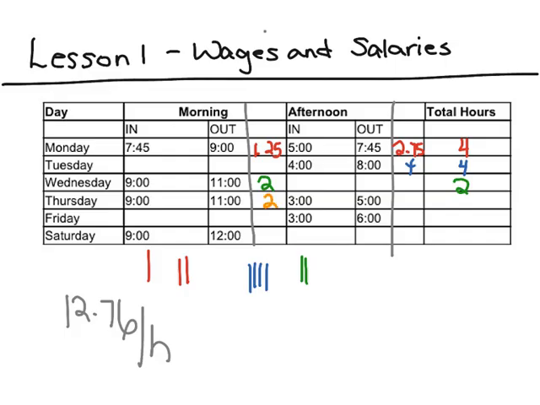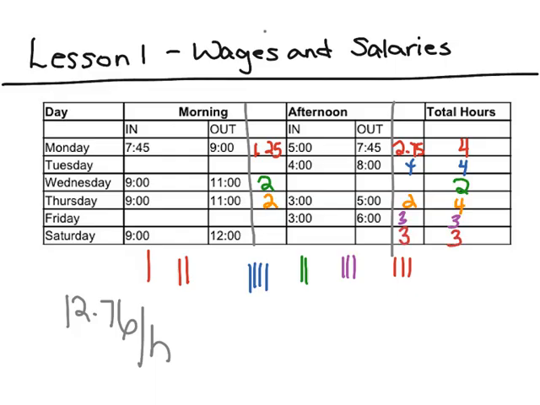And then you worked another 3 to 5, which is 2 hours. So altogether, you worked 4. Friday, you worked from 3 to 6, so 3, 4, 5, 6. So 3 hours. And Saturday, you worked 9 to 12. So 9 to 10 to 11 to 12 is 3 hours.